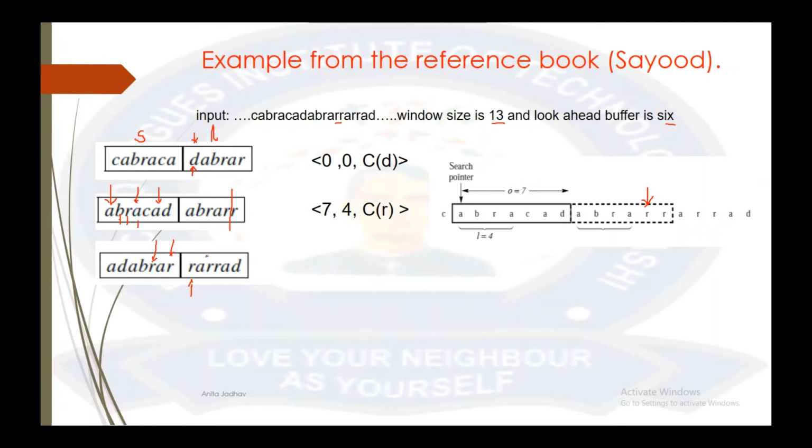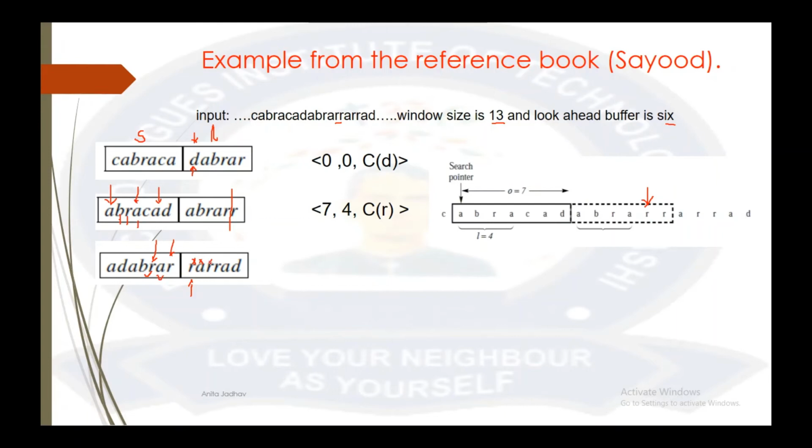Now when I look for a match, there is no rule that the match has to be looked for only in the search buffer. It can go into the look ahead buffer also. See how it is happening. I have to compare R. So let us see, R has been found. I have to check for A. So R has been checked, and this A has been checked.